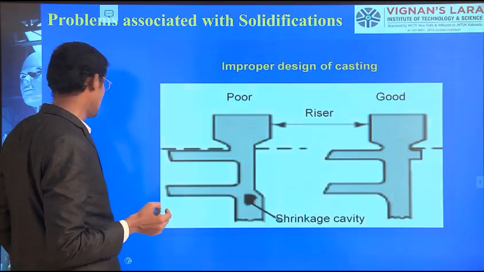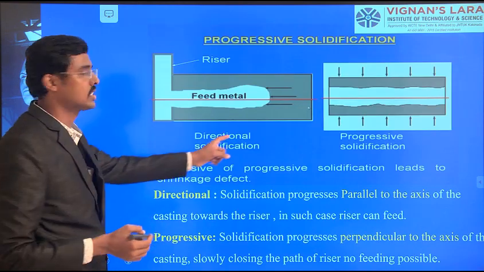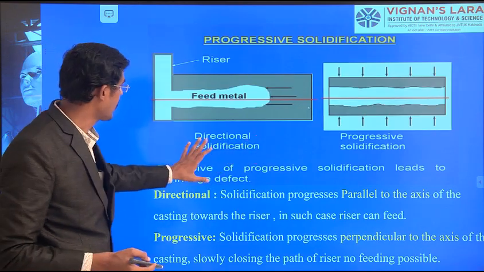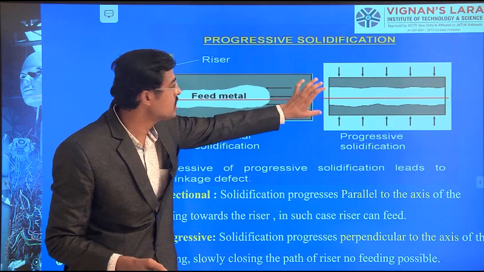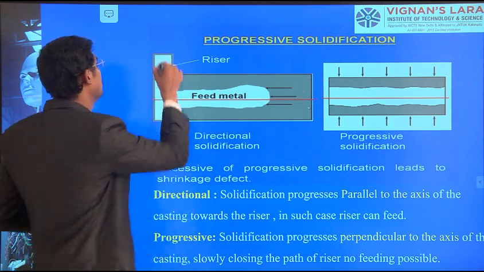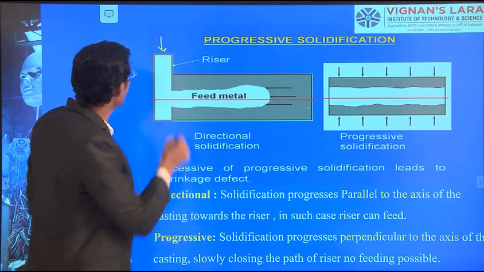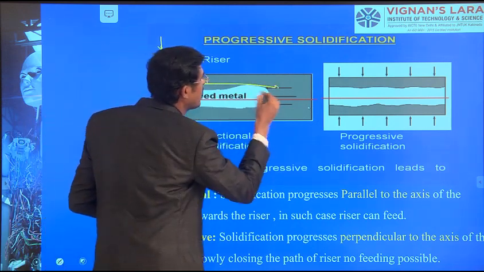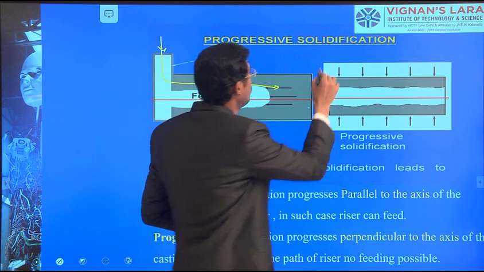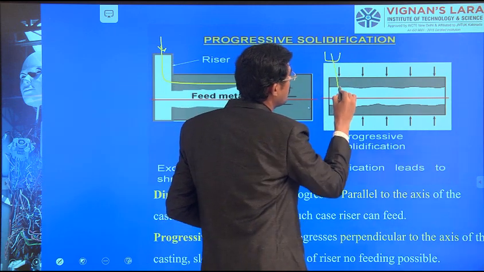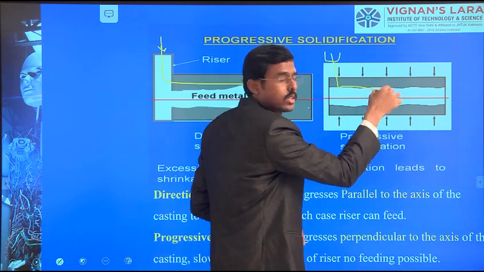So you see the same diagram I have given here also. Directional solidification, which happens in the axis direction, helps the riser system. The riser can go up to the last end. But here it is not possible, even though the riser is here. When I am reaching here, the arrows indicate perpendicular.